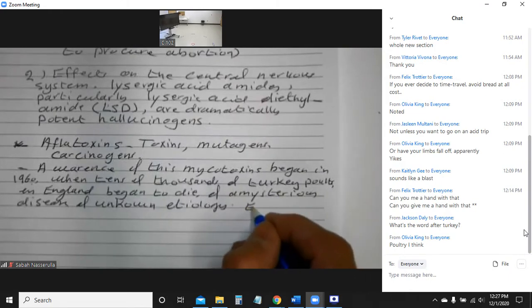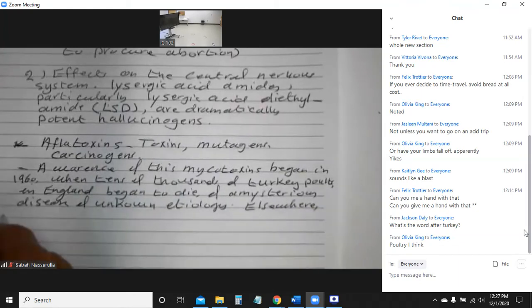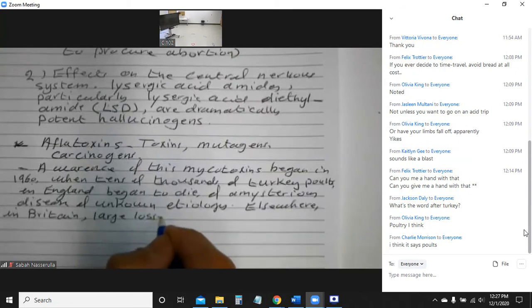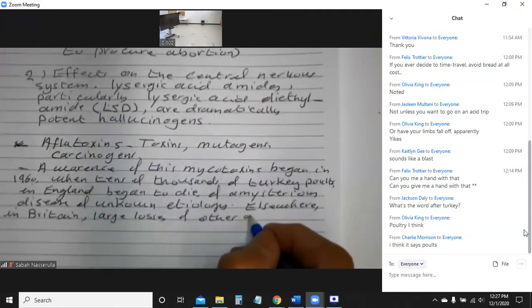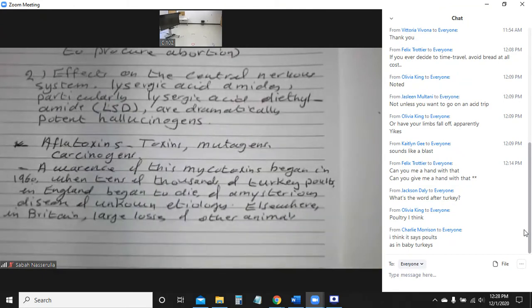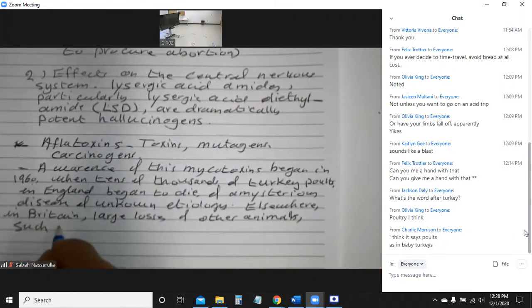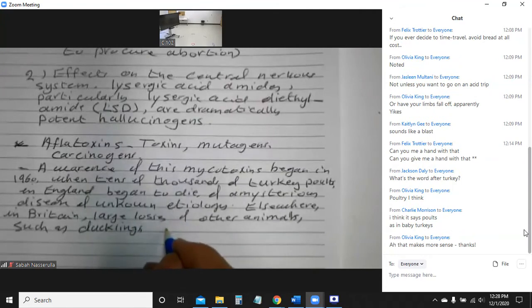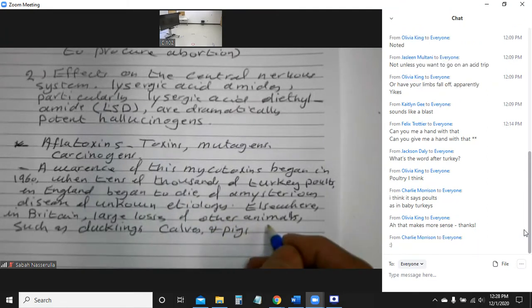Elsewhere in Britain, there were large losses of other animals, for example ducklings, calves, and pigs were affected.